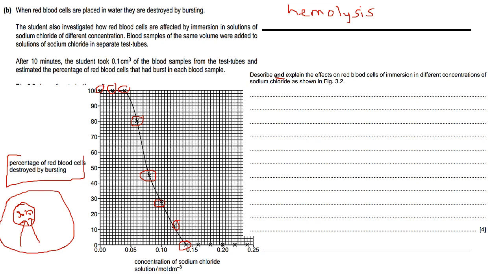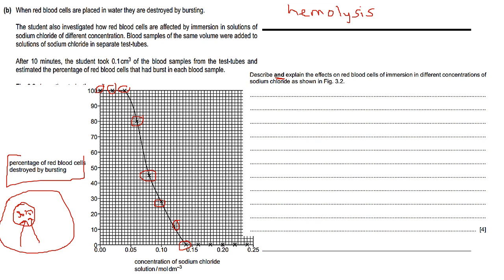between, let's see, I think this is 0.14, sorry, and 0.25, there is no bursting of red blood cells. And what this means is that you can say that the water potential between the cells must have been the same, and as a result of that, there was no net movement of water. So that means that the cell does not take in water.